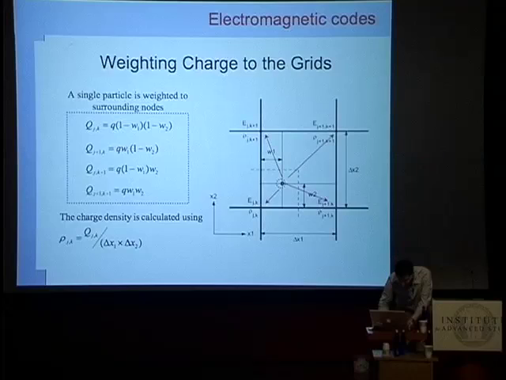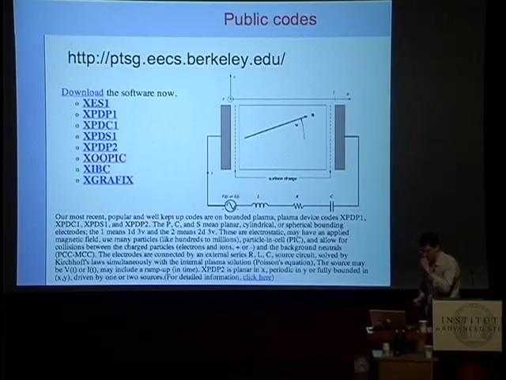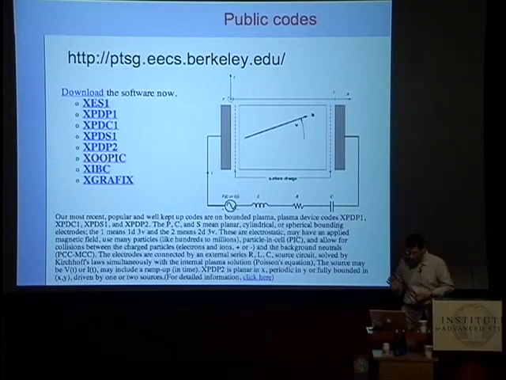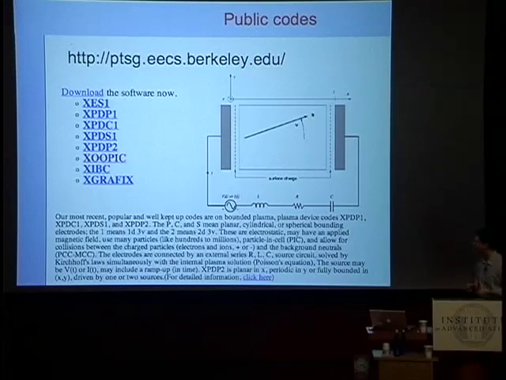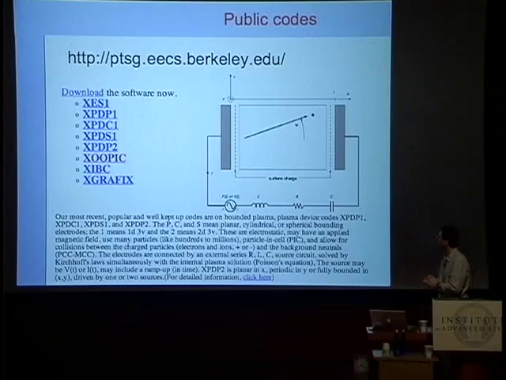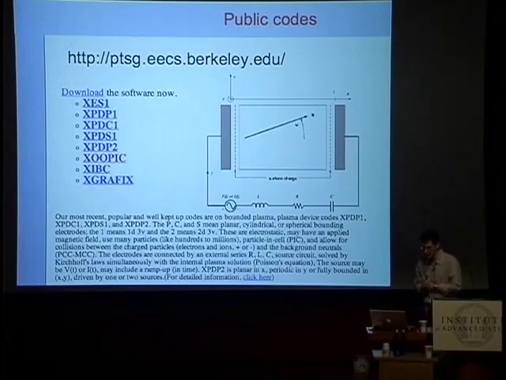So next time I'll mention more things about how you actually make this work in terms of parallelization and boundary conditions and so forth. But I want to mention just a few codes that are actually in existence right now and their advantages and disadvantages. In general, you don't have to go out and reinvent the wheel if you have a particular plasma physics question you want to address.